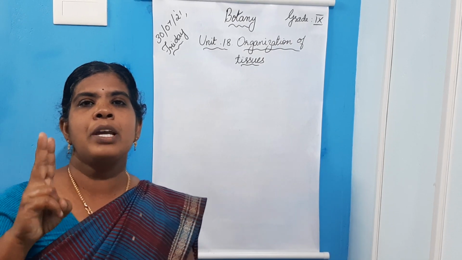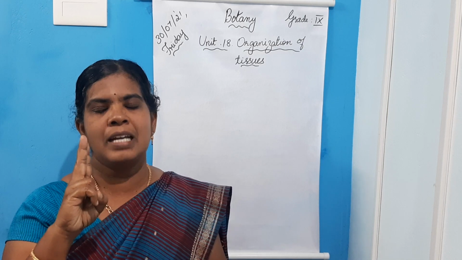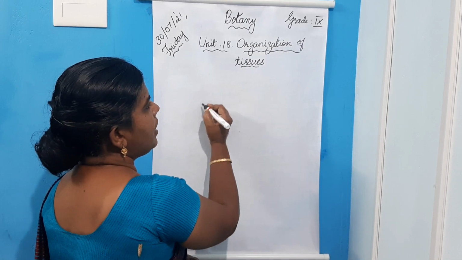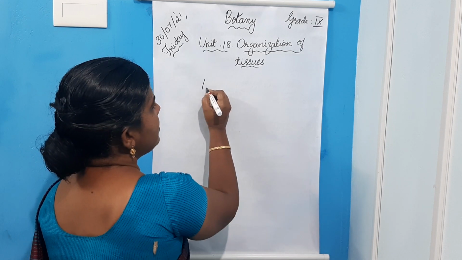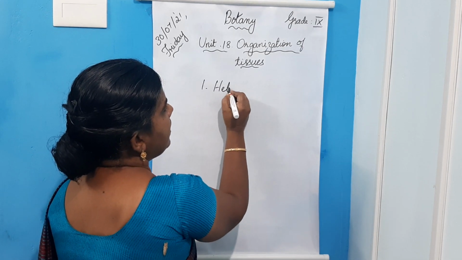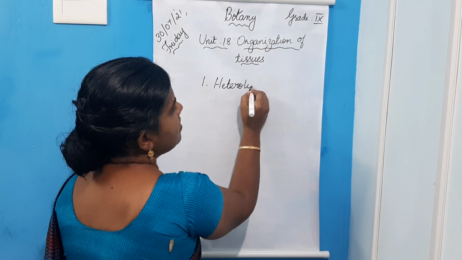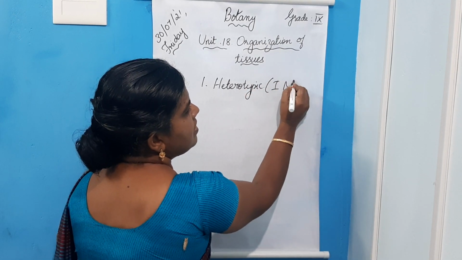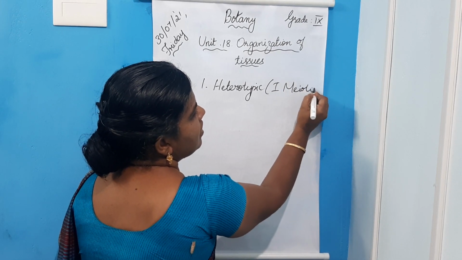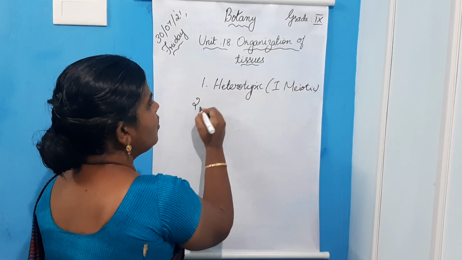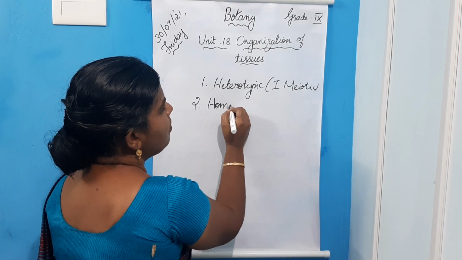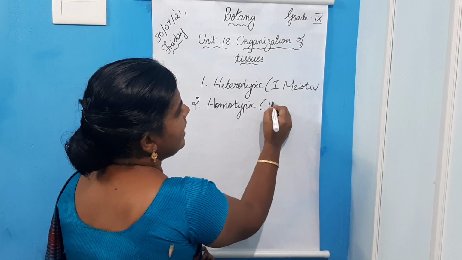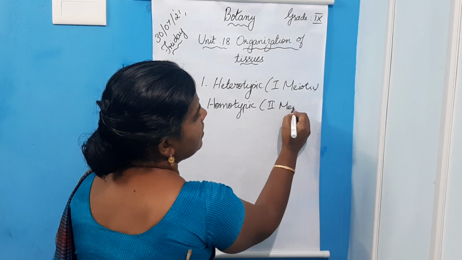There are 2 important divisions in meiosis: homotypic and heterotypic. The first division is heterotypic, also called the first meiotic division. The second is homotypic, also called the second meiotic division.